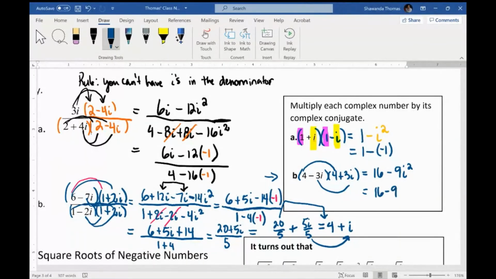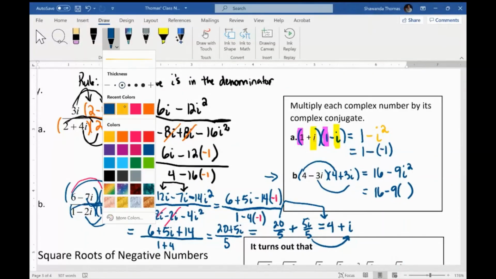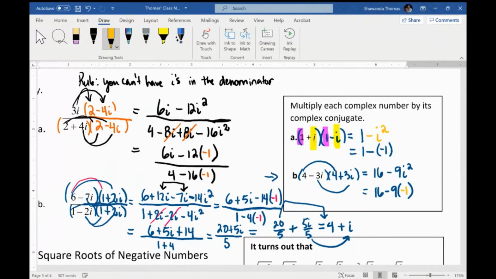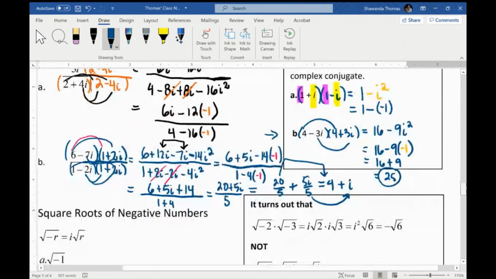We change the i squared to a negative 1, which will make this 16 plus 9, which equals 25. So if you got 25, very good. All right, I think we're good on that.